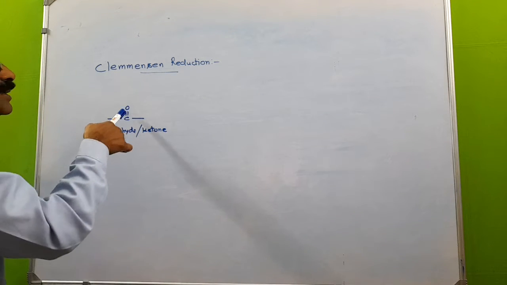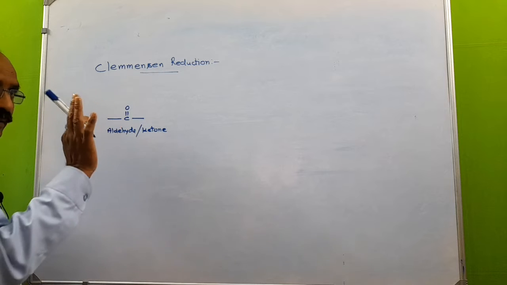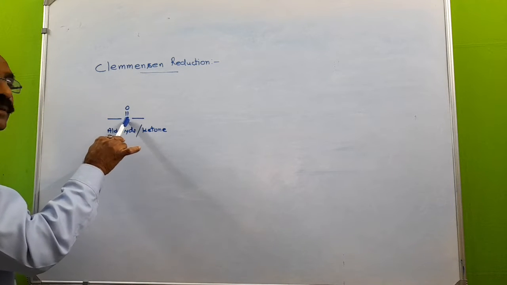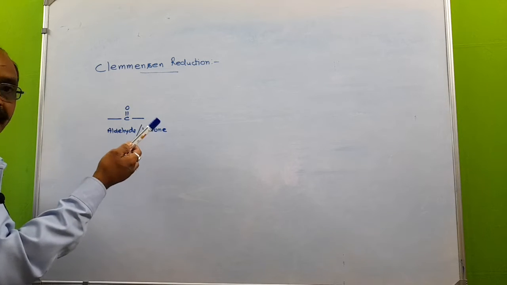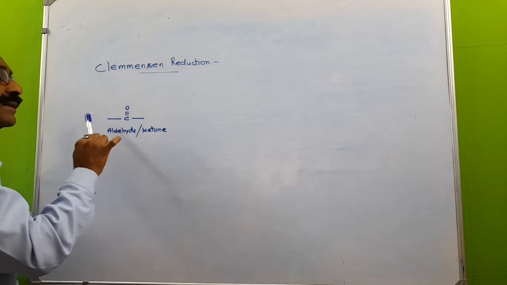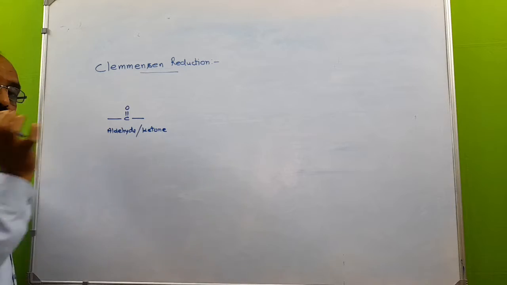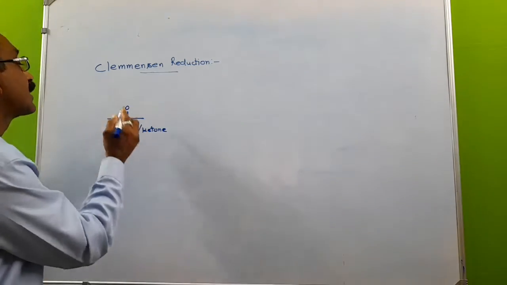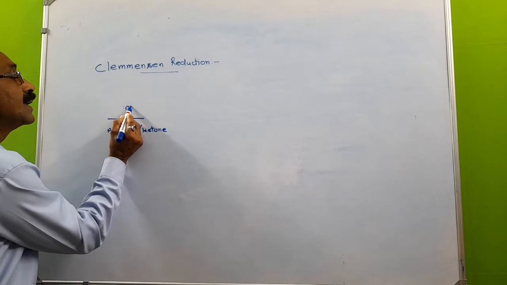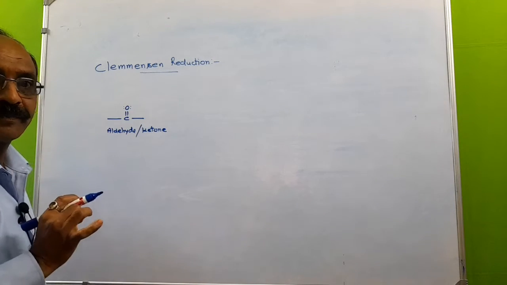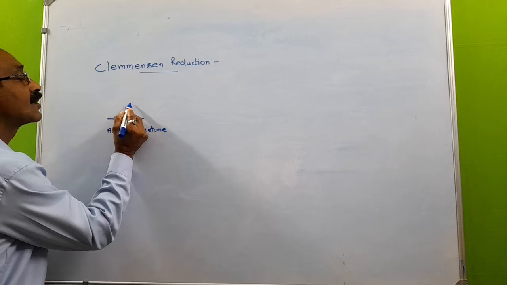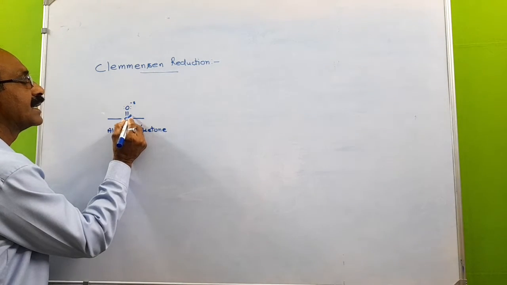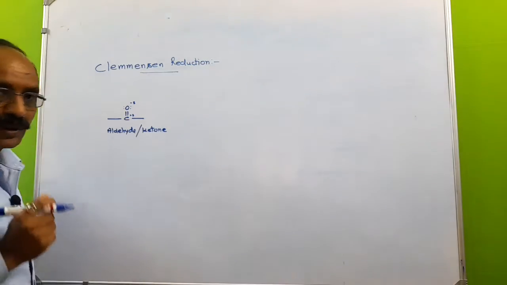This is carbonyl carbon. If at least one H is linked over the carbonyl carbon, then it will be aldehyde, and if both sides they are alkyl groups, it will be ketone. Now what happens here? This carbonyl group has some polarity. In this, the oxygen bears partial negative charge and the carbonyl carbon is partial electropositive.